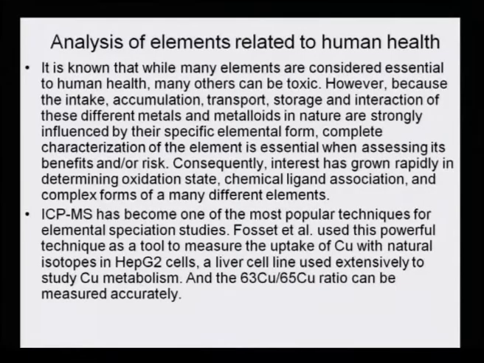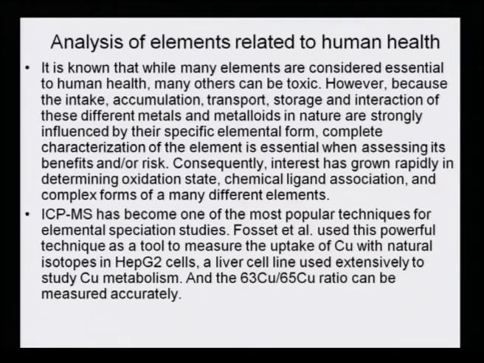Consequently, interest has grown rapidly in determining oxidation state, chemical ligand association and complex forms of many different elements. ICP-MS has become one of the most popular techniques for elemental speciation studies.